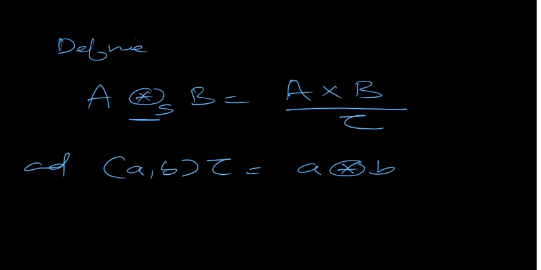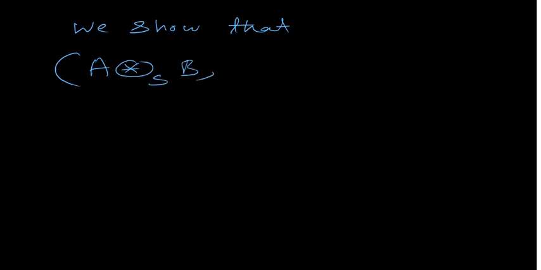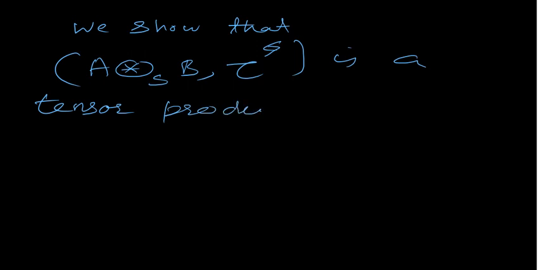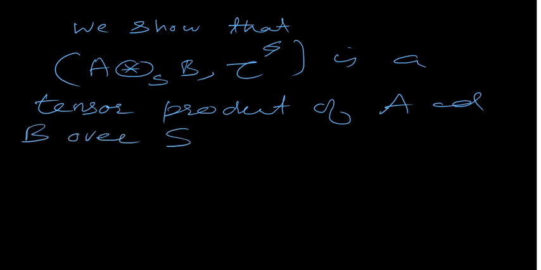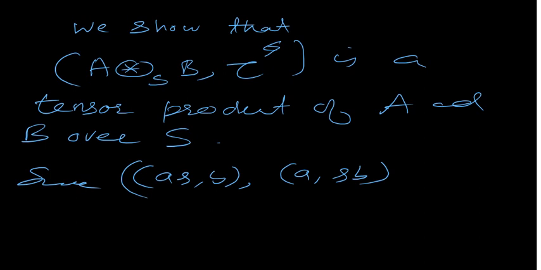And our aim is to show that this A tensor B over S with the relation tau natural is a tensor product of A and B over S. And one thing is trivial: since this pair (as, b) and (a, sb) belongs to T, and T is a subset of tau, they are tau related.